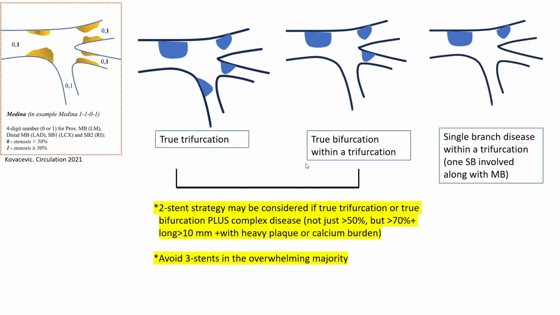So it's complex true trifurcation or complex true bifurcation within a trifurcation. So it's more than 70%, and it's long, and it has heavy plaque and/or calcium burden. Try to avoid the three-stent strategy in all scenarios, in the overwhelming majority of cases.